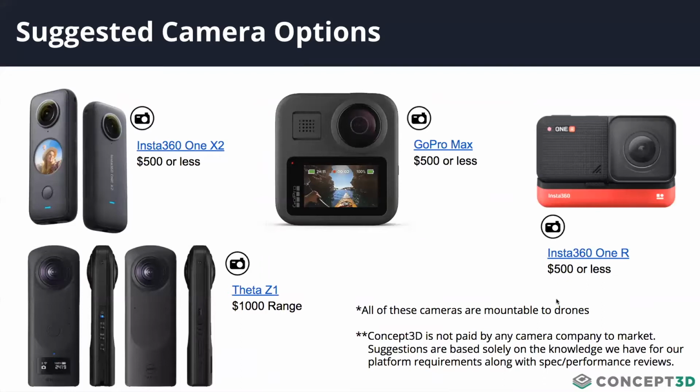Now, moving on to the fun stuff. These are all the different camera options that we do recommend. We recommend these because of their ease of use, their quality, and their ability to take incredible panoramic imagery along with 360 video. And one of the beautiful things is all of them are mountable to drones, so you can capture that incredible panoramic scenery or even flying scenery, right?